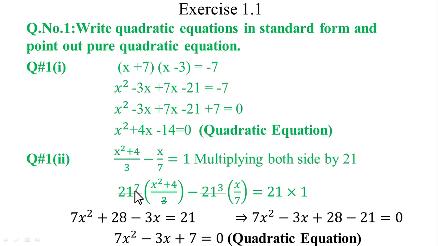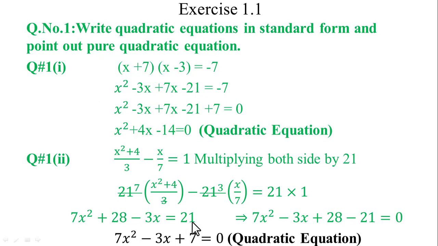So 7 multiplied by x square is 7x square, 7 fours are 28, minus 3 times x is 3x, and 21 multiplied by 1 is 21. Then the equation in the form is 7x square plus 28 minus 3x is equal to 21.